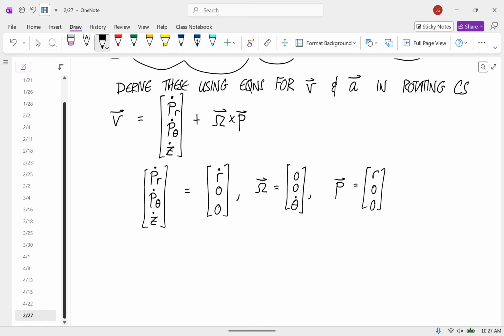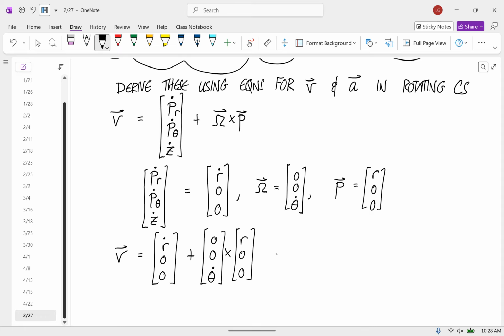So now I can plug this stuff in and we get v is equal to, nope, I did the wrong one, r dot, 0, 0 plus 0, 0, theta dot crossed with r, 0, 0.